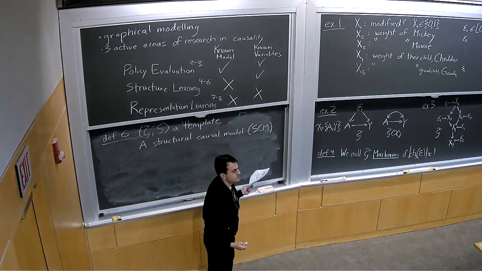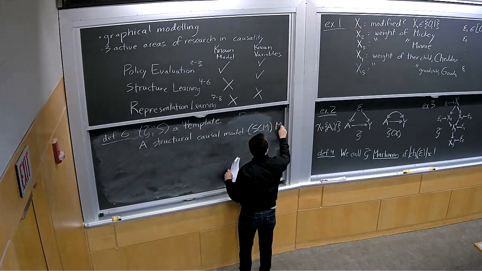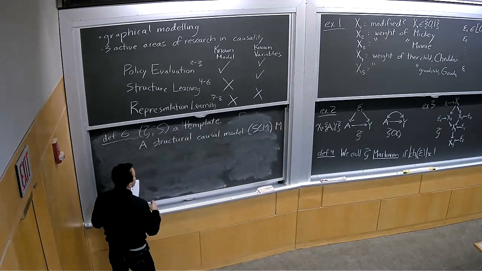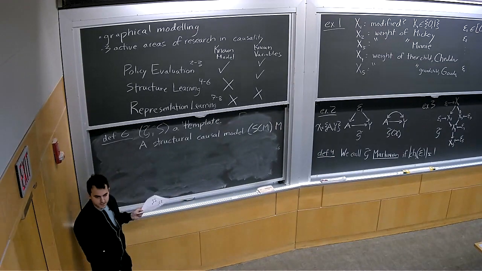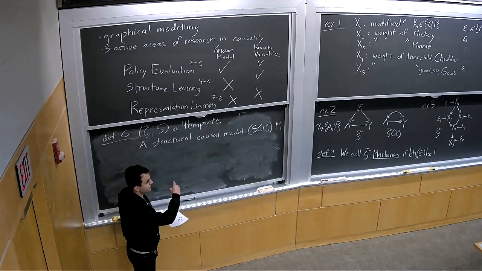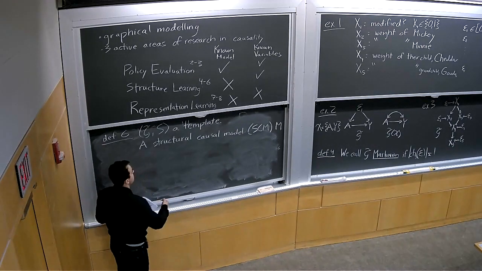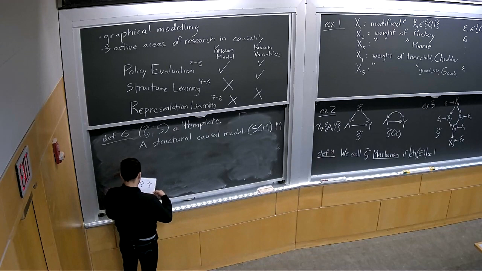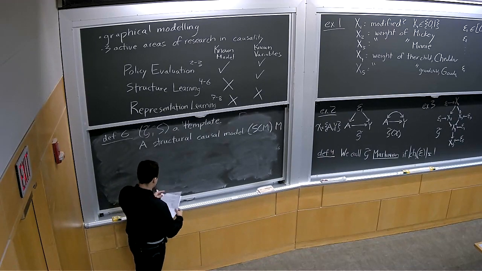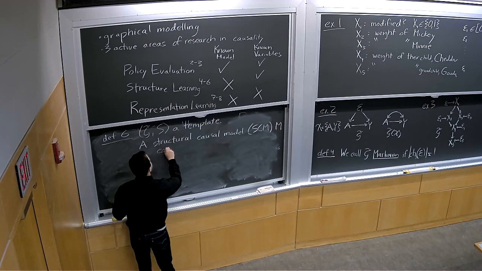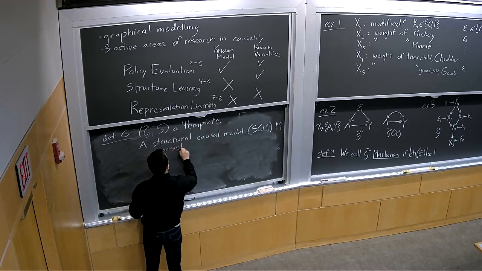We'll usually just use the notation M for model. I'm just going to leave the consistency with the template kind of implicit in this definition. So instead of writing out consistent with this template, it basically is going to be something that consists of two things.